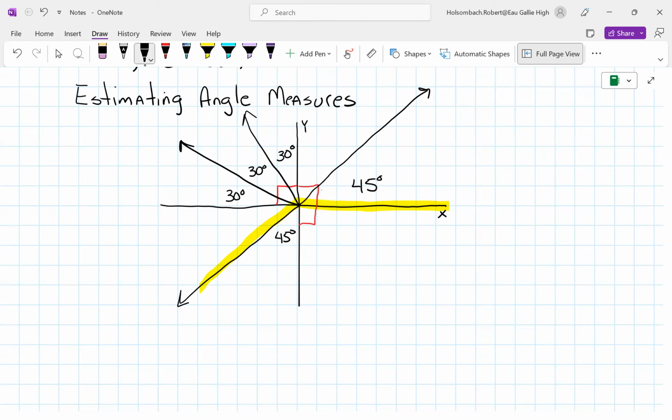If our angle measure in quadrant 4 is 90 degrees, and this piece in quadrant 3 is 45 degrees, then wouldn't the yellow angle be equal to 90 plus 45?